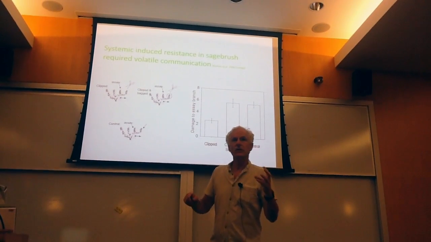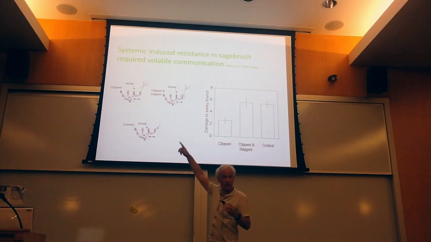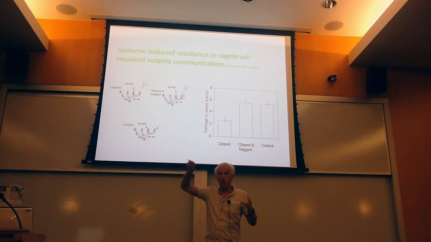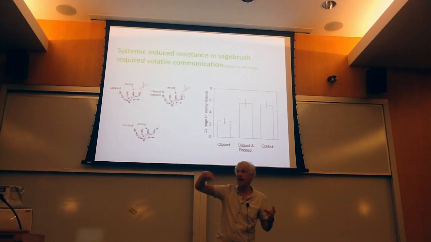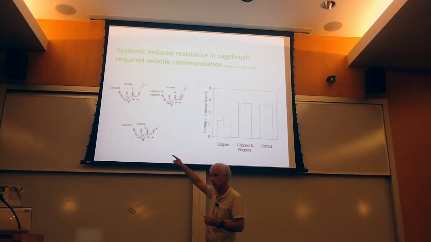So here, there's the opportunity for vascular communication because the branches are connected, so cues can move through the vascular system of the plant, and also for volatile communication.